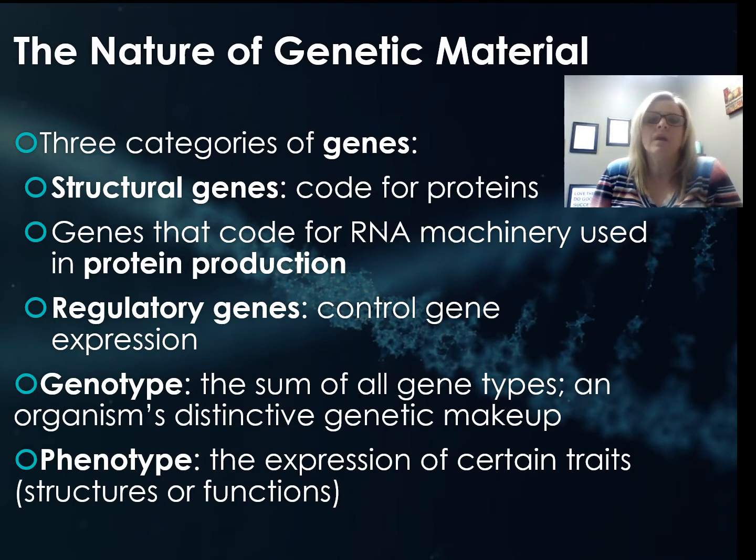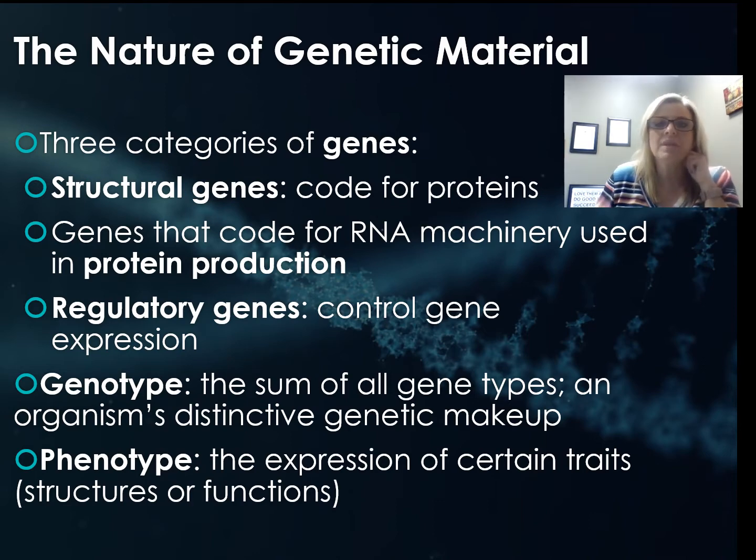It can also be called the site on the chromosome that provides information for a certain cell function. Traditionally, we've characterized this as a segment of DNA that has the code to make a protein or to make RNA. And then we take that protein and make everything else with it. Genes are going to fall into these 3 categories.